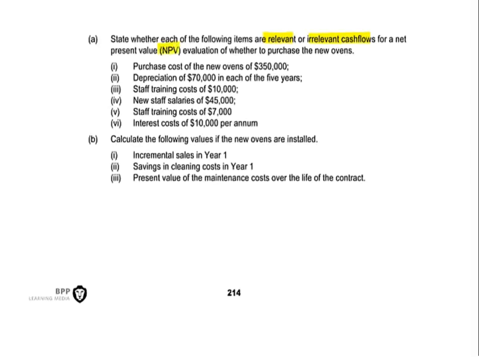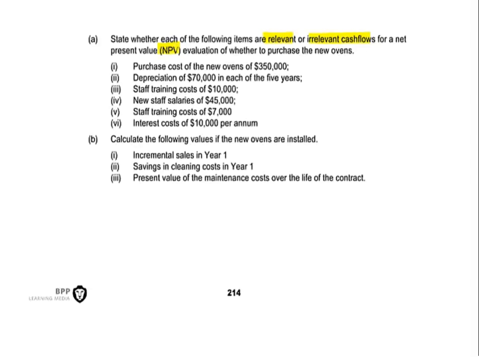We've got quite a few items there, and in the computer-based exam you would choose on the drop-down menu whether they were relevant or irrelevant. The reason for looking at the requirement first is that when I read through all of the information in the scenario, I can be looking at those items and deciding whether they're relevant or irrelevant.